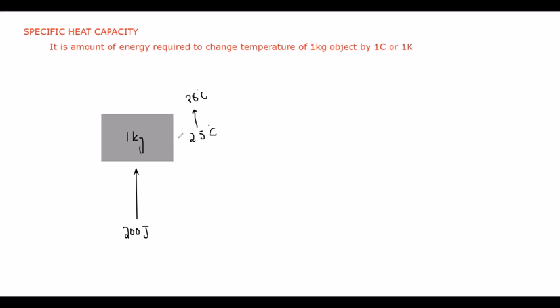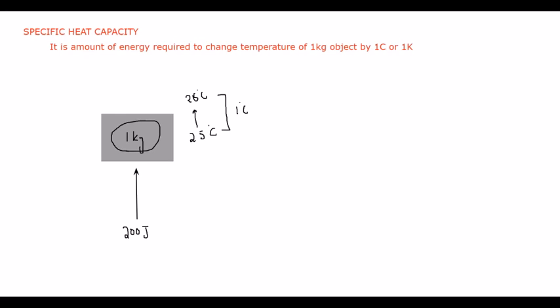So the energy which we supply, so that the temperature of the object changes by 1 degree centigrade for a 1 kilogram object, what we call that is specific heat capacity.